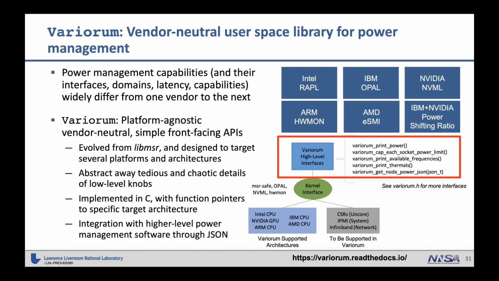Below that are the low-level control knobs for the particular architectures. Here in blue are the 5 architectures that we currently support. And in our roadmap, we have plans to support additional hardware such as InfiniBand and IPMI to get further metrics and expose more knobs to the user.